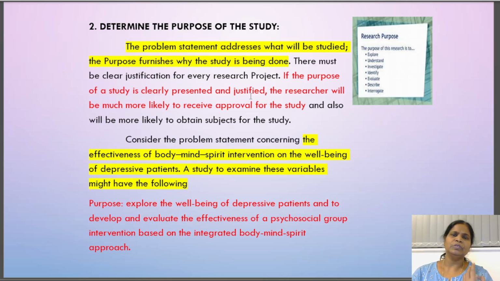For example, consider a problem here: effectiveness of mind, body, spirit intervention on well-being of depressive patients. A study to examine these variables might follow this purpose. What is the purpose? You want to explore the well-being of depressive patients, and to develop and evaluate the effectiveness of a psychosocial group intervention based on the integrated body, mind and spirit approach.